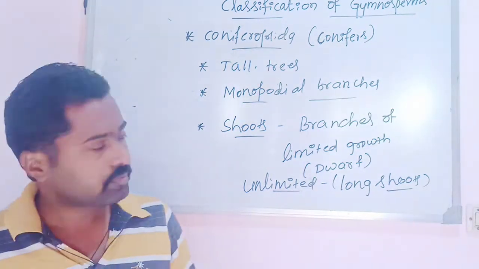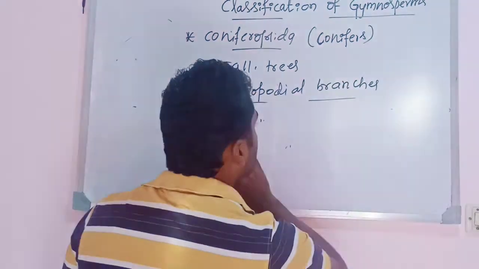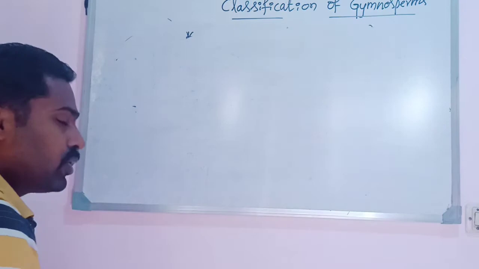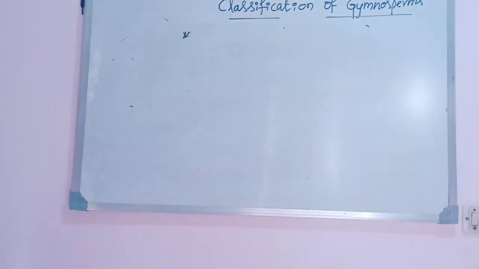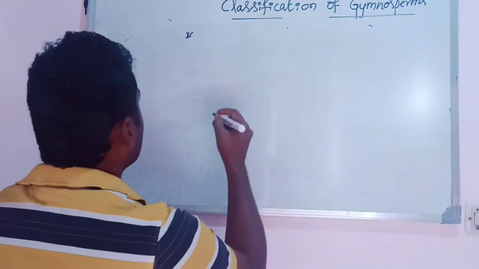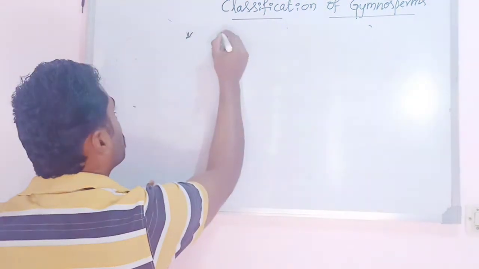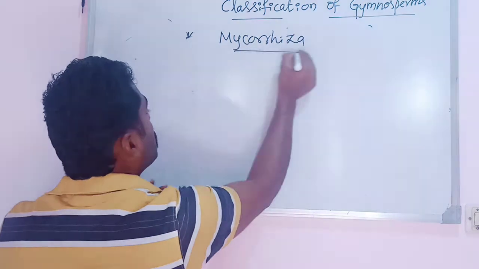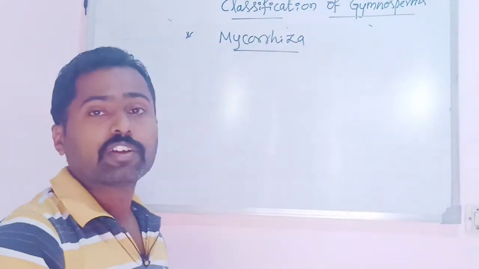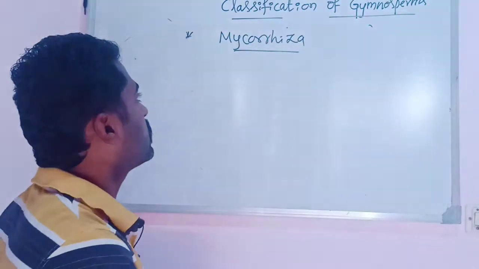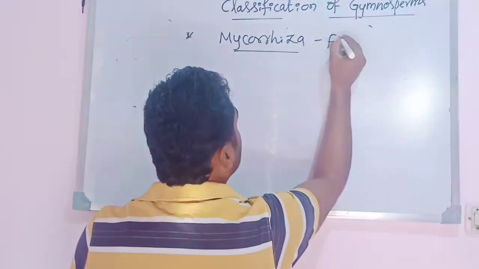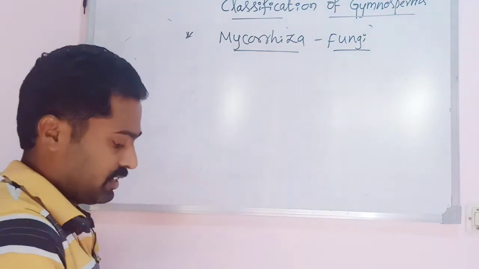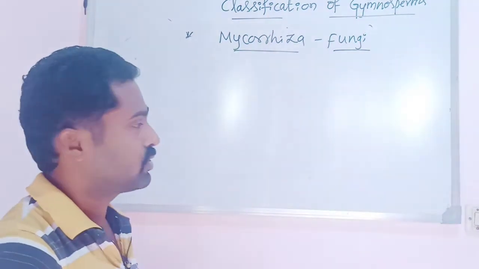The roots of these plants, especially the tap roots of the Coniferopsida members, show a symbiotic association with fungi, which is called mycorrhizal association.